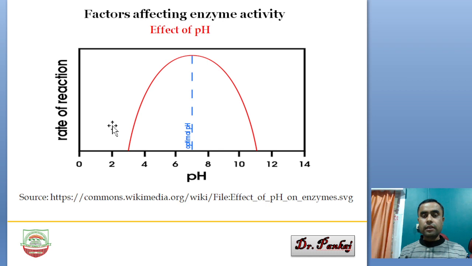Then the effect of pH. pH also affects the rate of reaction. At lower pH, the rate of reaction will be minimum, and as the pH level increases, the rate of reaction increases, but after a specific point the rate of reaction starts decreasing although the pH is increasing.